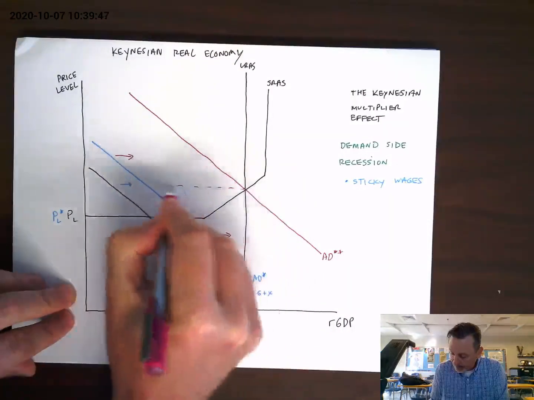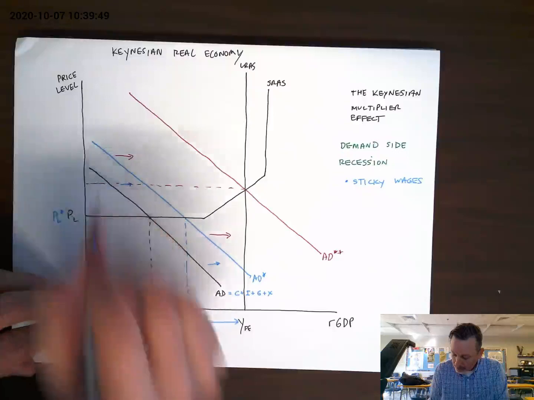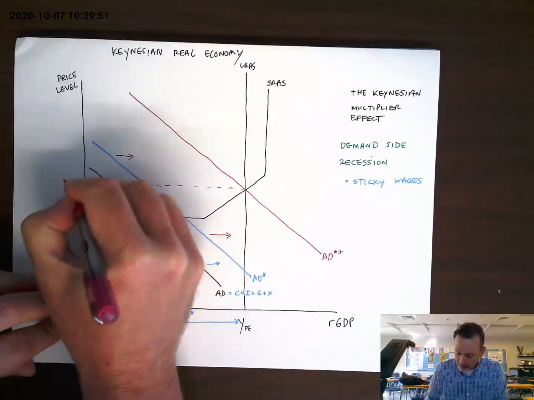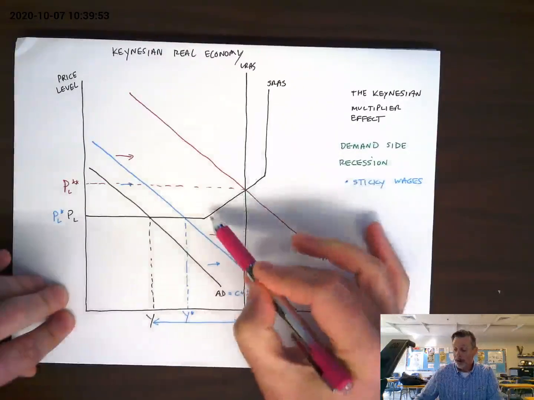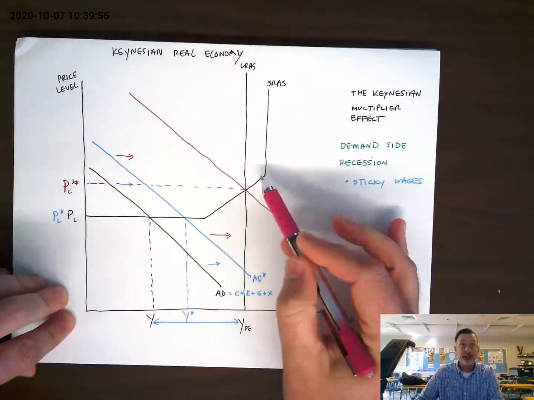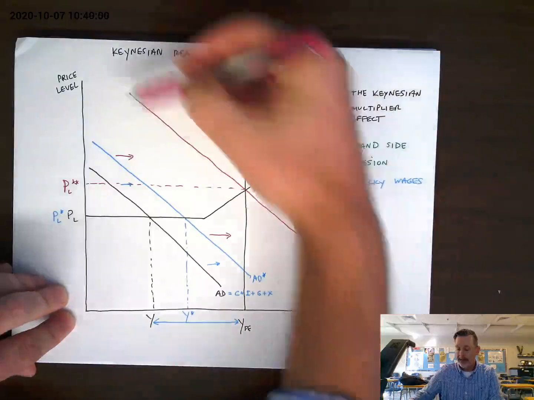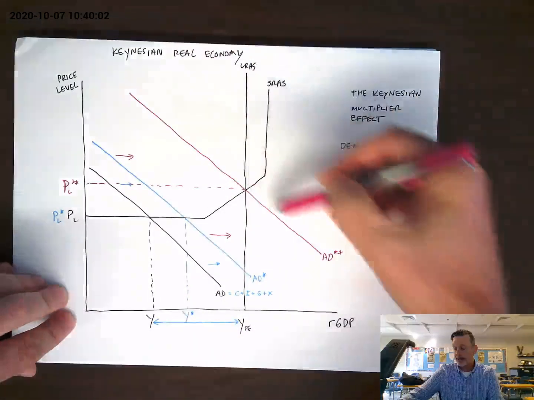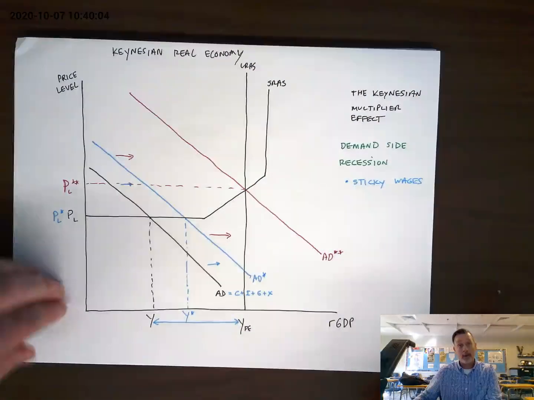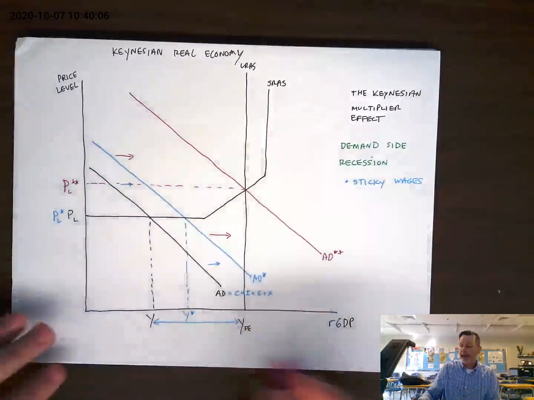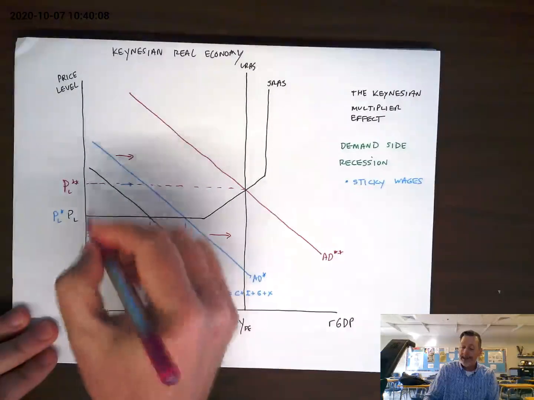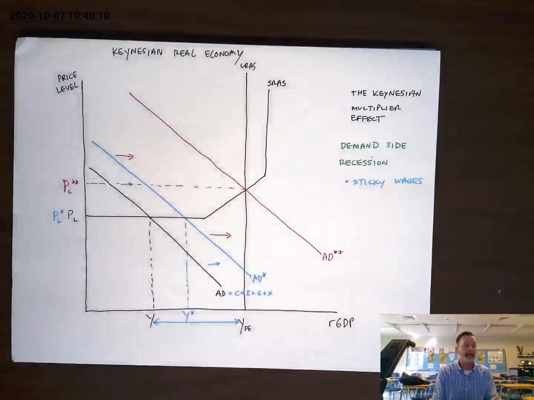In this case, we've moved ourselves into what is called the neoclassical range of the short-run aggregate supply curve. In that case, we are absolutely going to see a trade-off between increased national income and a rise in price level, because we're in the neoclassical range.